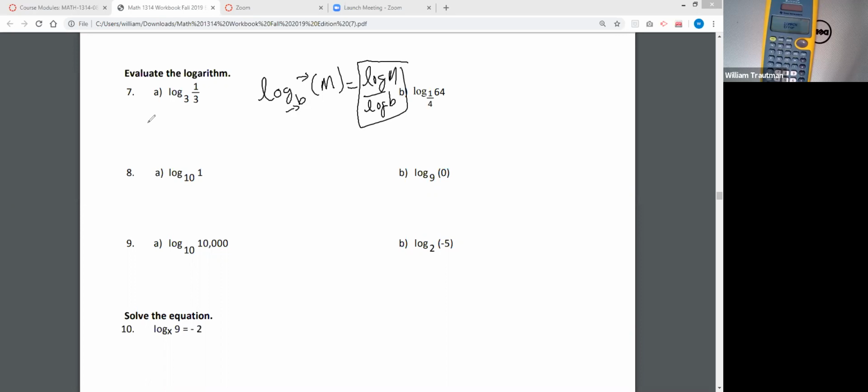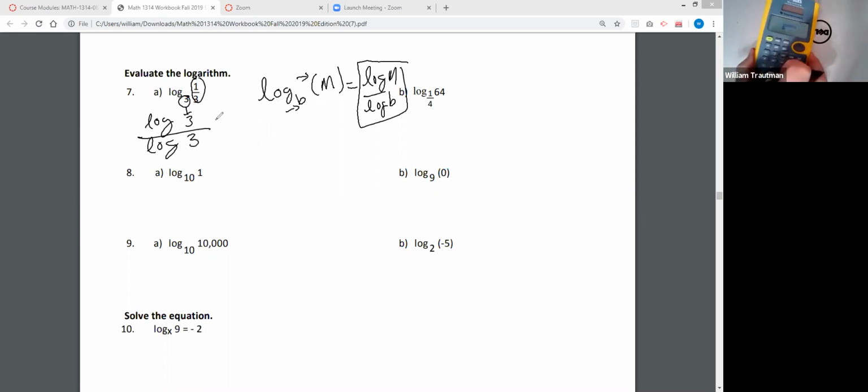So here on our calculator, we're going to take 2 logs, since we can put logs base 10. And they're talking about these invisible base 10s, so we can do this on our calculator. The log of the top number, 1/3, divided by the log of the bottom number, 3.